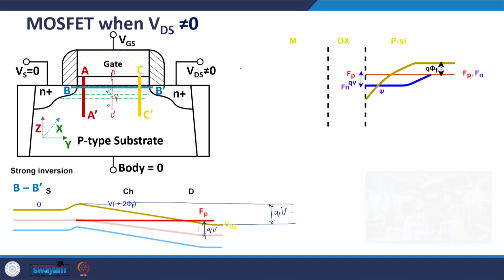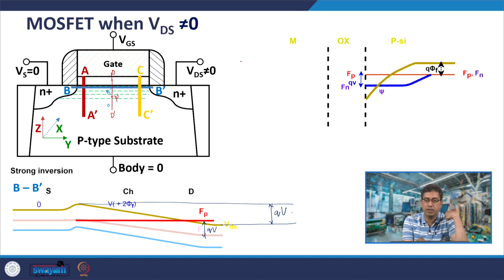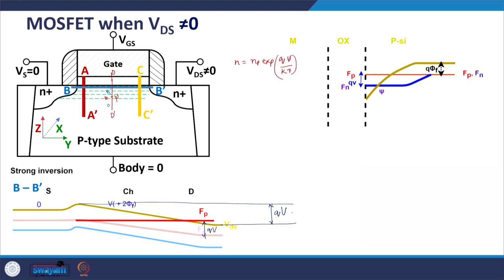So, let us see what is the value of electron and hole concentration at any arbitrary value z within the channel depletion region. So, chi is the potential at z.